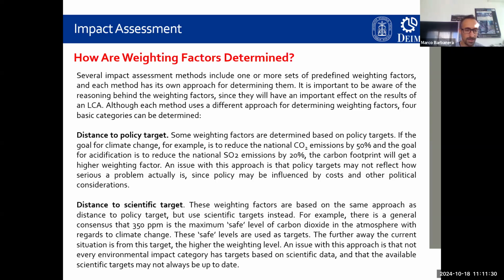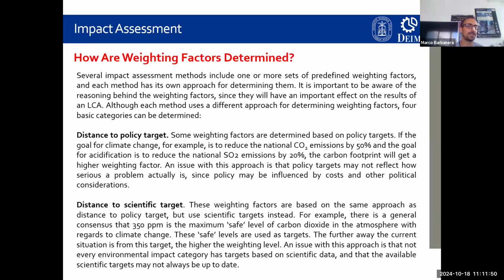In this case, the weighting factors are based on scientific targets. But the problem is that it's very difficult to find scientific targets for all environmental impact categories.